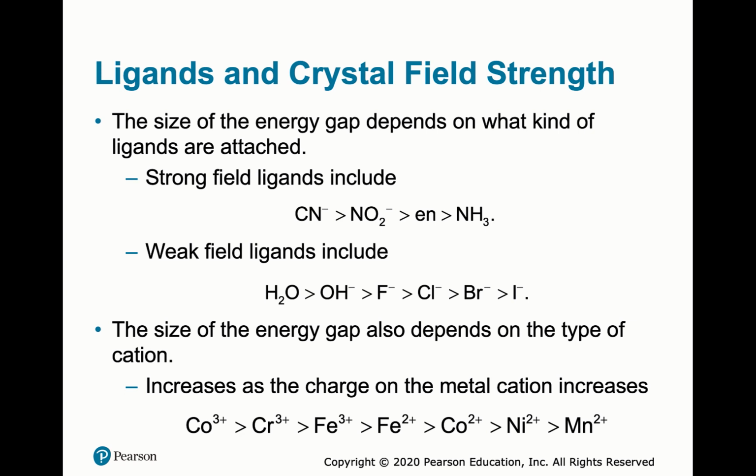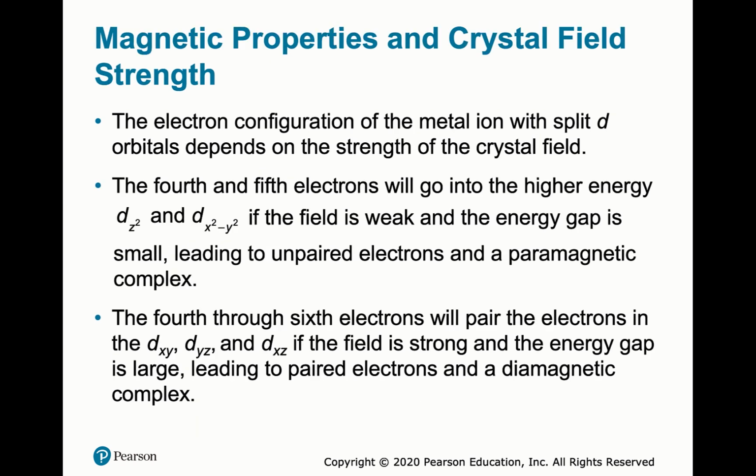Strong field ligands are those. For the weak field ligands, water is kind of in the middle, but halogens tend to be low. Also, cobalt has a larger energy gap than all the way down to manganese, for instance.